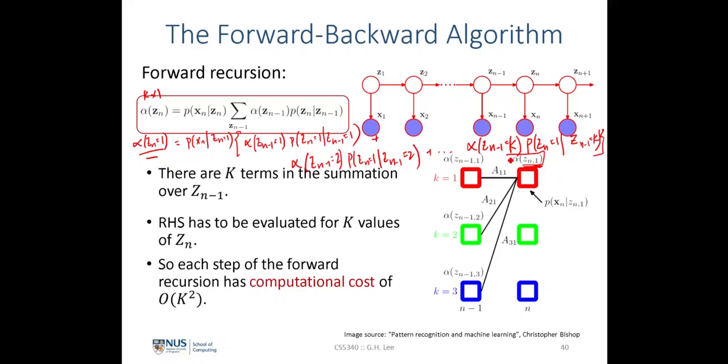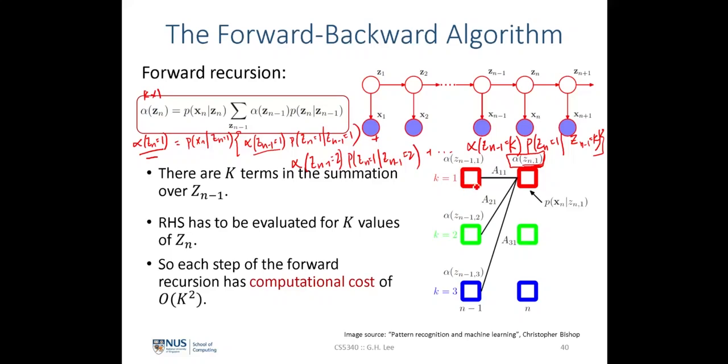What's interesting is that we have 3 summation terms within this curly bracket, and that would correspond to alpha Zn minus 1 equals to 1, which is this term over here.